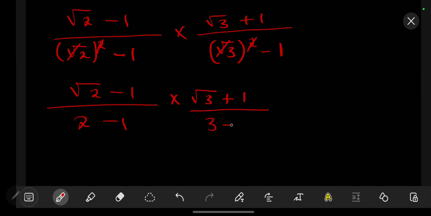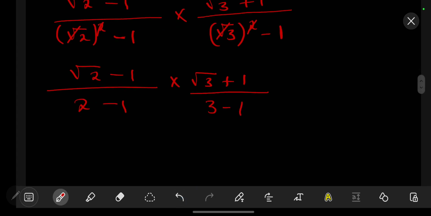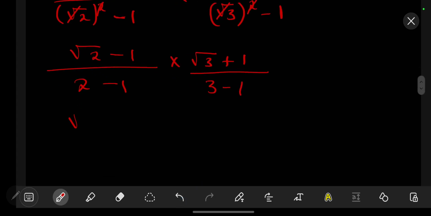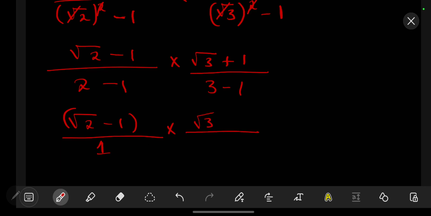So we have a 3 minus 1. So we are going to have the square root of 2 minus 1, like that. Then over, a 2 minus 1 will give us 1. Then we have times the square root of 3 plus 1. Then 3 minus 1 gives us a 2, like that.